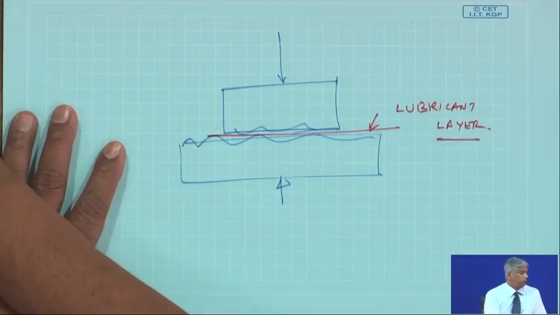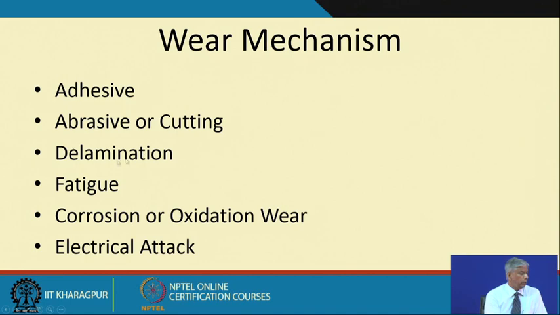So, there could be adhesion, there could be abrasive or cutting wear, delamination, fatigue. Of course, delamination occurs in composite materials, fatigue, corrosion or oxidation wear, and electrical attack, acid attack. Okay. So, all these will lead to particles getting deposited in the oil. So, by looking at the particles' size, shape, quantity, and of course, the composition, we get an idea as to what is wrong with this machine, and this can be done in a very timely manner.